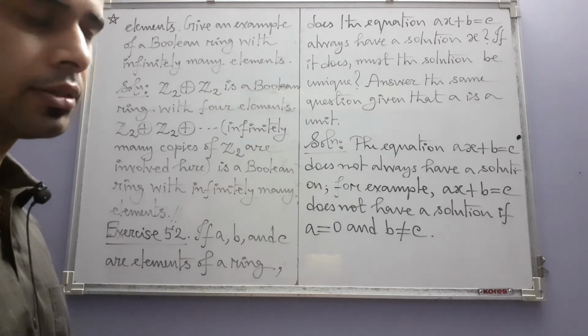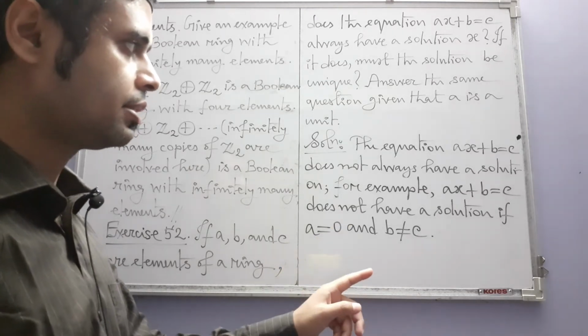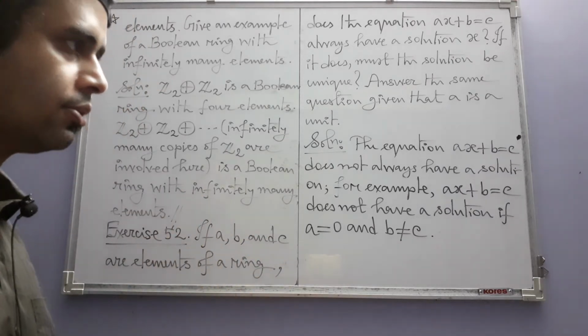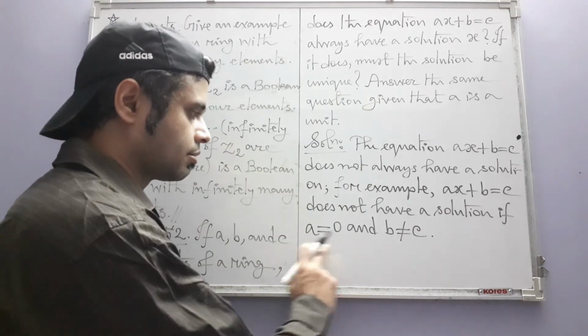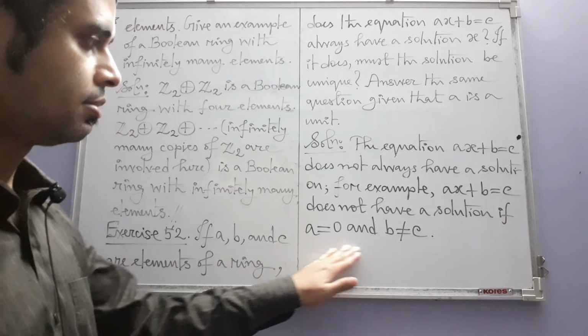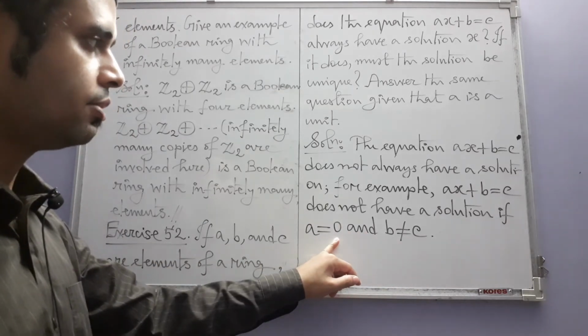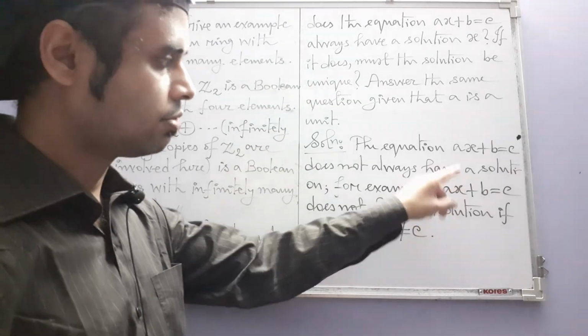You may object, you may say that this is cheating. If a is equal to 0, then there is no equation, but nothing has been said about a, b and c. No, they can be any ring elements. So I can conveniently give a very easy situation where there is no solution. I take a to be 0, so that whatever x you take here, you are going to get 0.